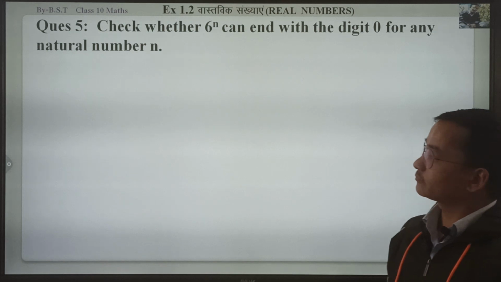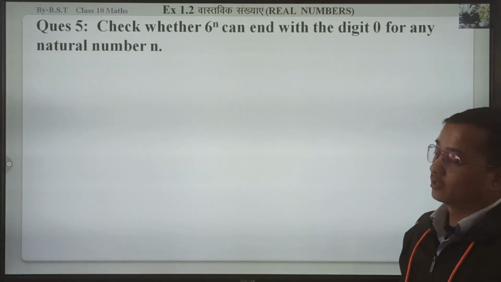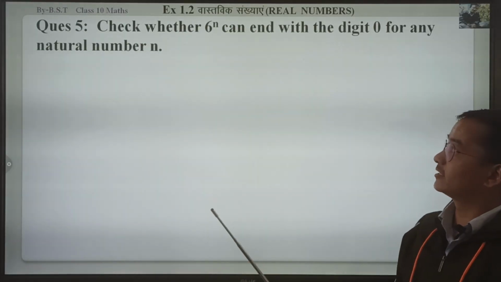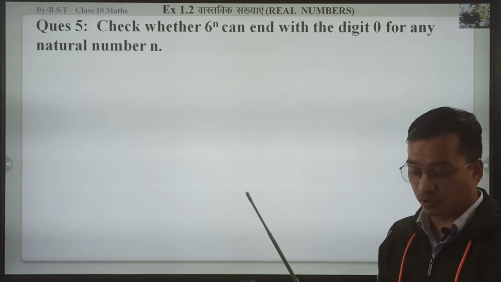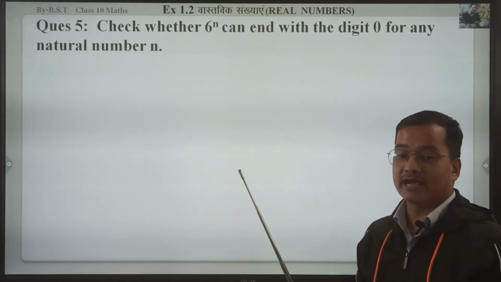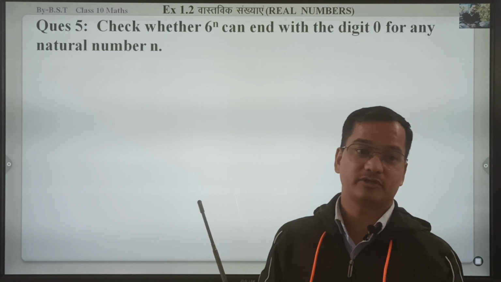Let us start. Students, since we know if any number ends in 0, it means that number is completely divisible by 5.